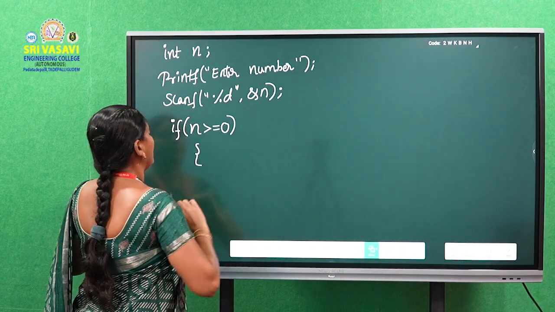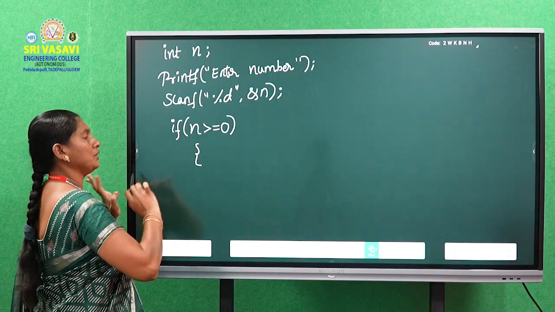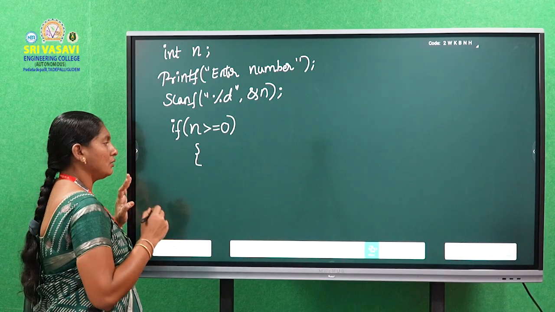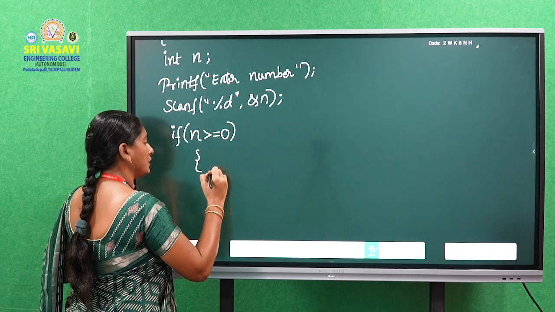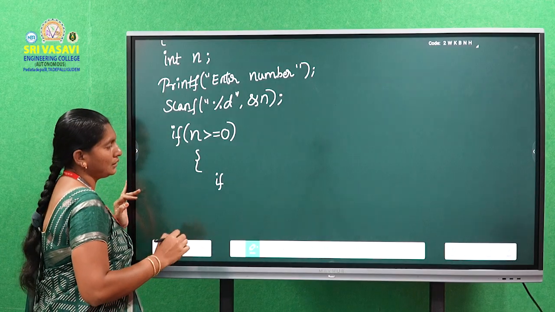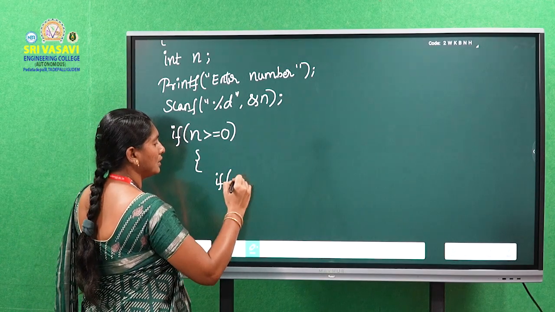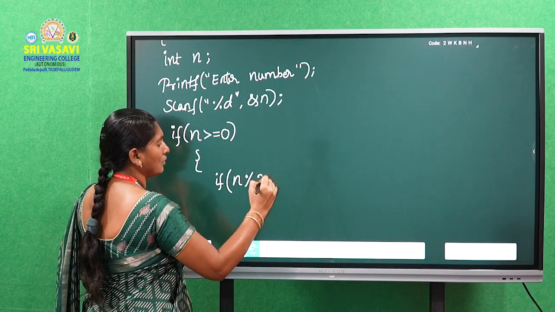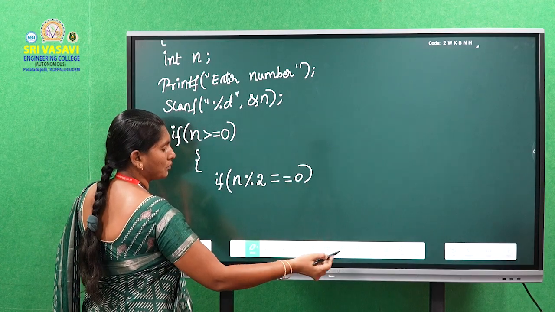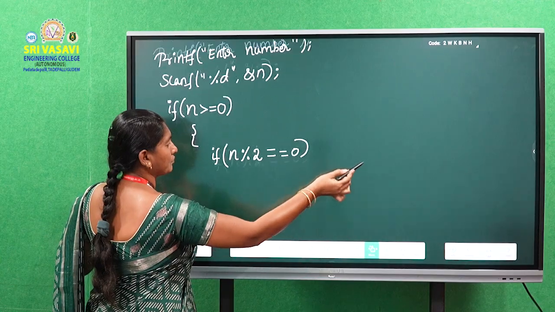Let us suppose the condition is true. That means the number is positive. Then again what do we have to check? We have to check whether that positive number is even or odd. What is the condition to check even or odd? n remainder 2 must be equal to 0.